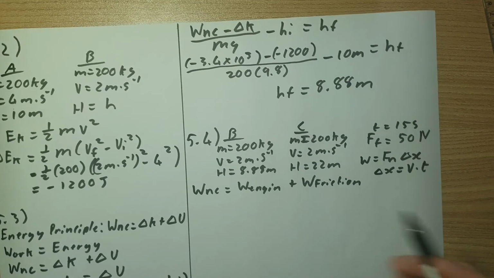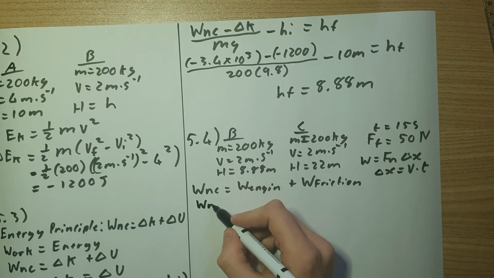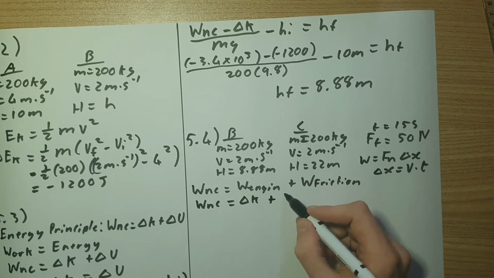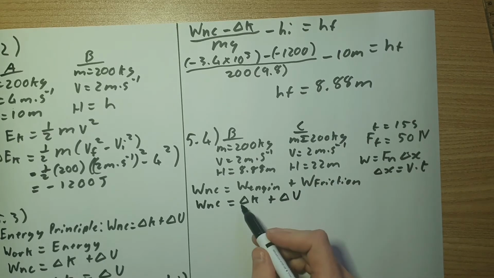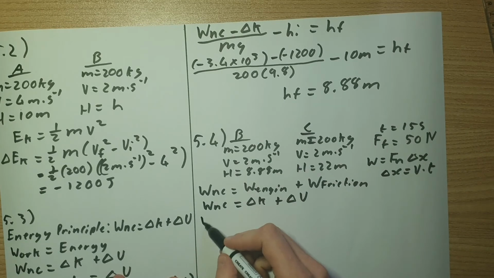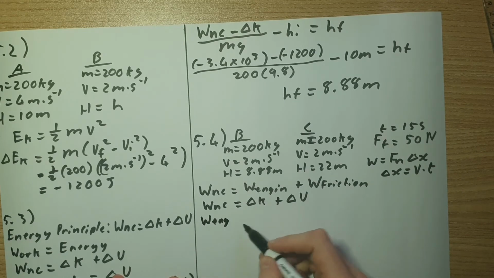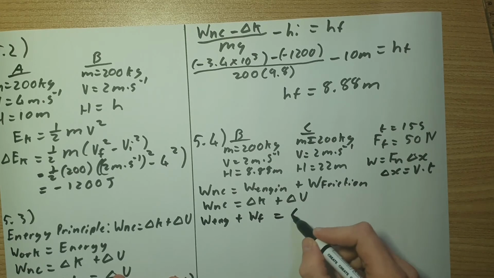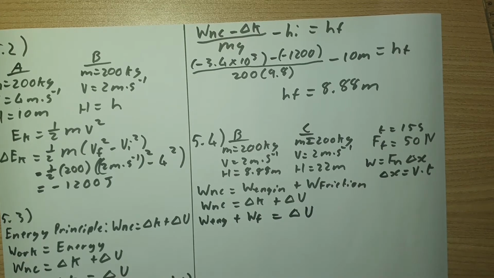So once again we're going to have work of the non-conservative equals change in kinetic energy plus change in potential. But remember, we have no change in kinetic energy, so what we're going to end up having is work of the engine plus work of friction is just going to equal my change in potential energy.